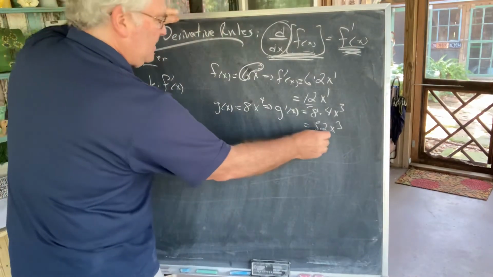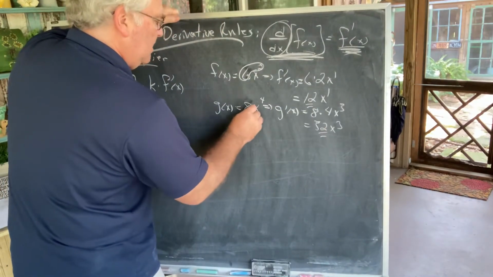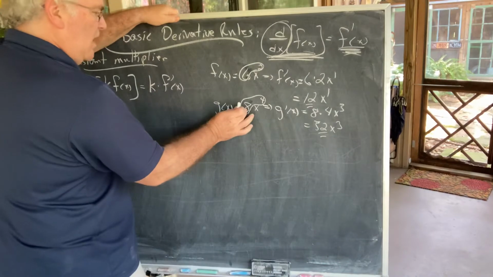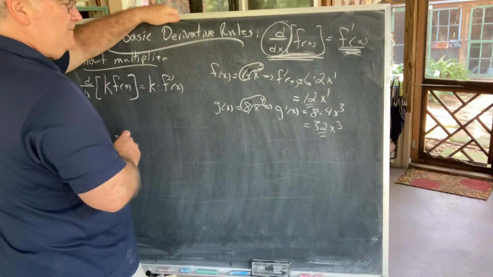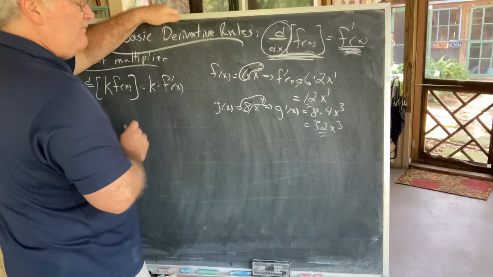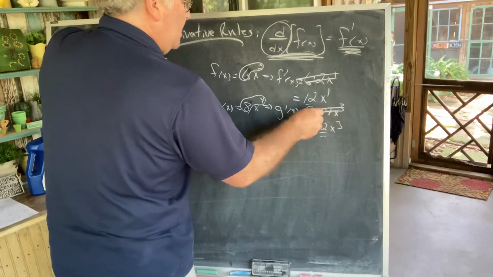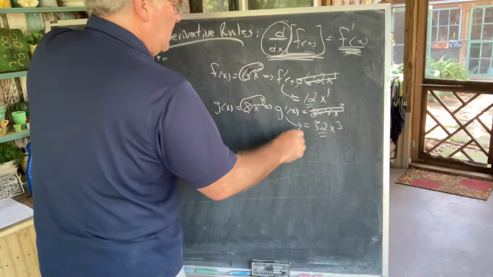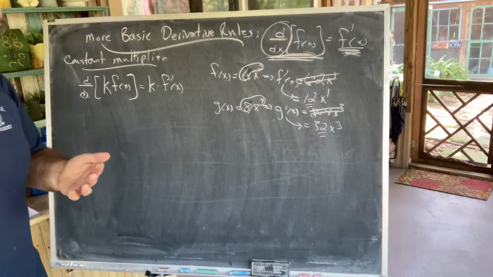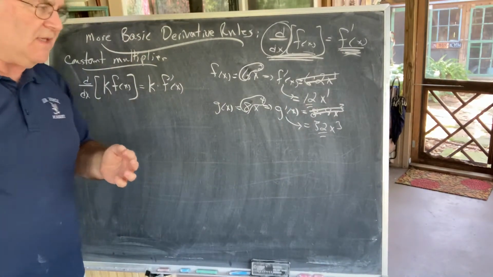And so the net effect is that the new coefficient is the coefficient multiplied by the exponent. From this point forward, I will allow you to skip this step and go directly to the final result. Not only will I allow it, I'll pretty much expect you to be able to do this.